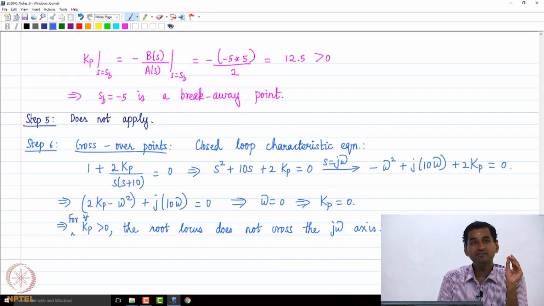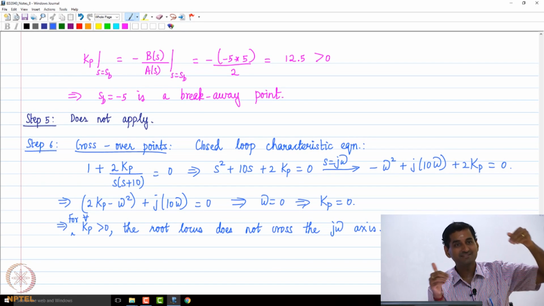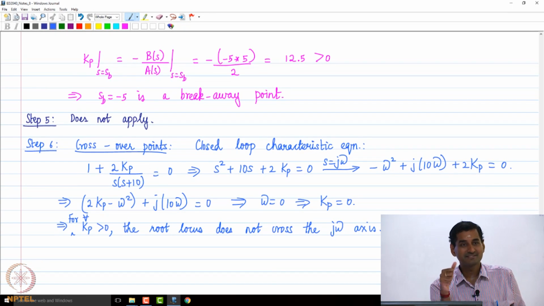I think we might have discussed this point, because you are right. If 0 does not lie on the root locus from step number 2, we can straight away say that the origin is not a crossover point, but I can have a complex conjugate crossover point once again. Imagine we can have two branches cutting the imaginary axis. In fact, that happened last week, if you recall.